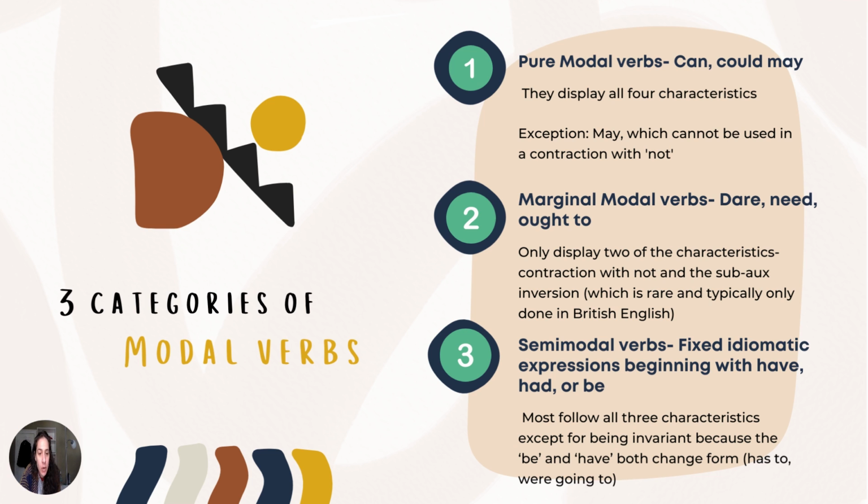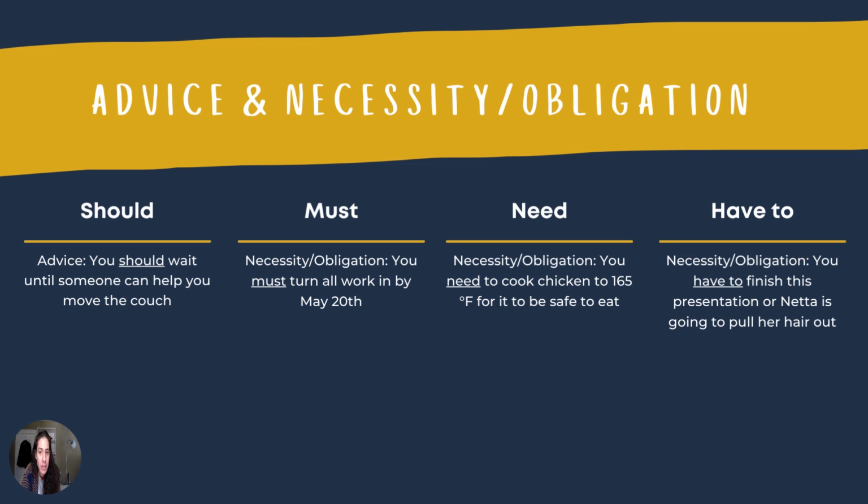So if you come back with me to have to. So we saw in this explanation or these examples that have to means the same thing as need and must. If we wanted to, we could say must instead of have to, or need instead of have to. But have to is technically 2 words.